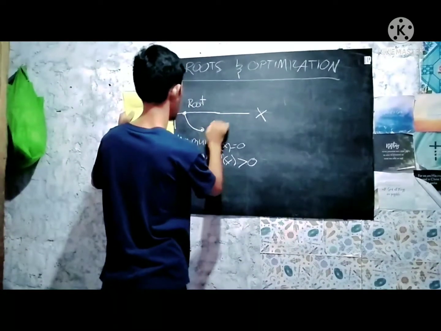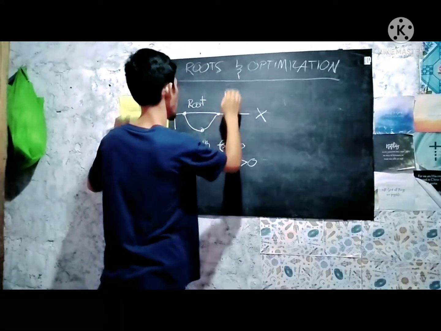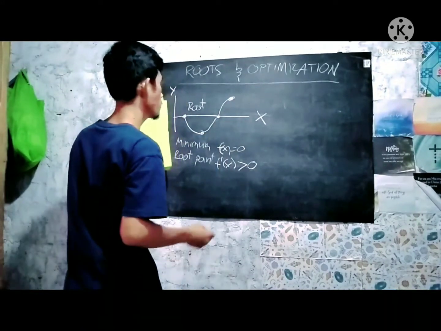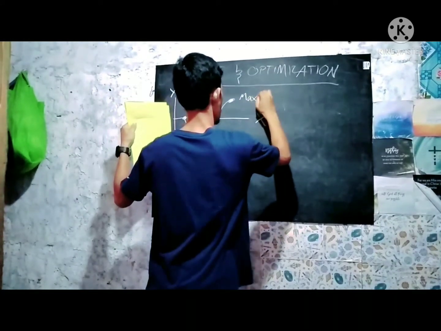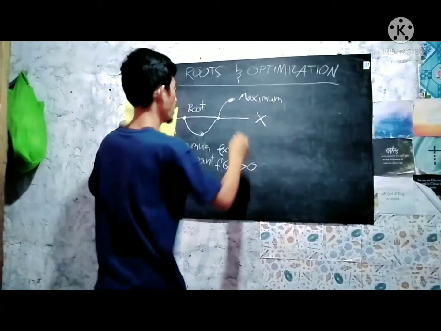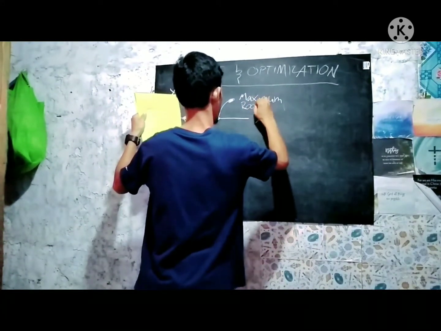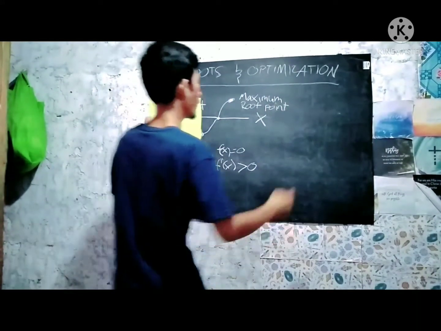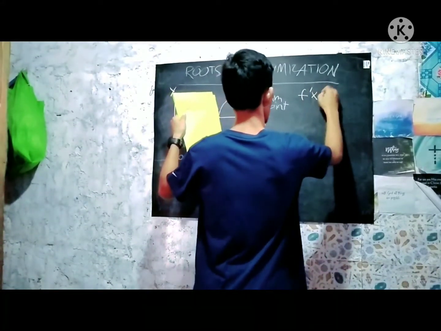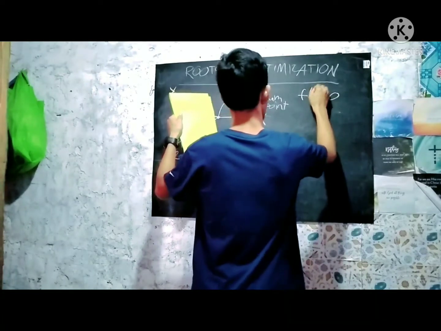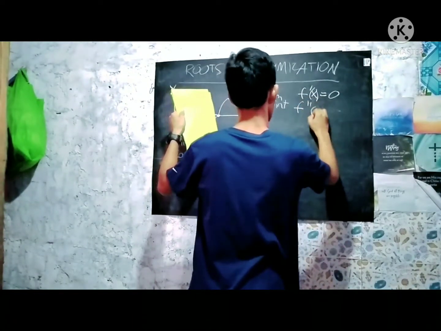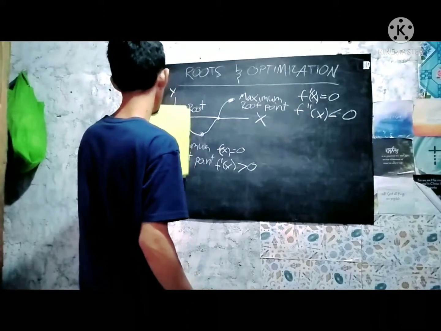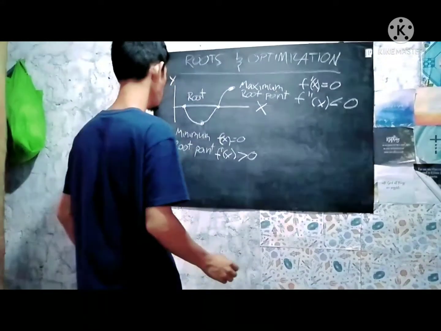And if the root is going up, over the x-axis, it is what we call the maximum root point, where f prime of x is equal to 0 and f double prime of x is greater than 0. And that is the plot of the root and optimization.